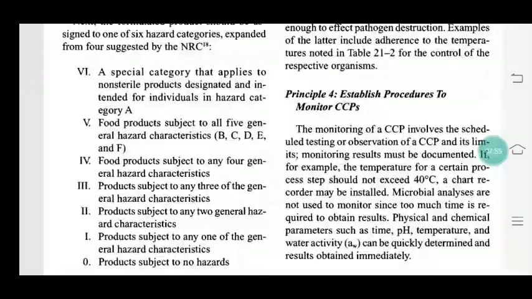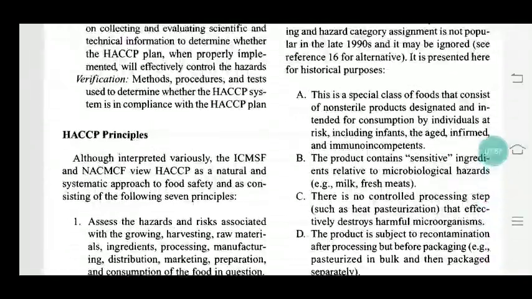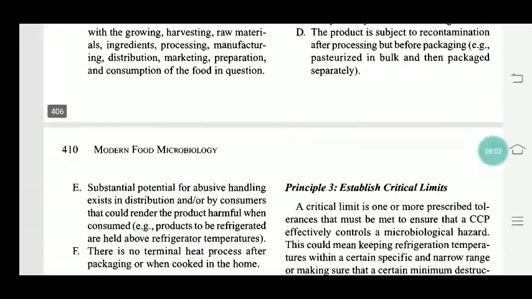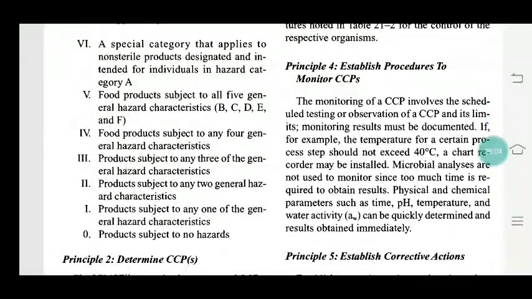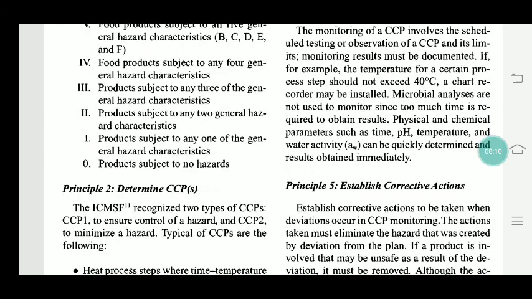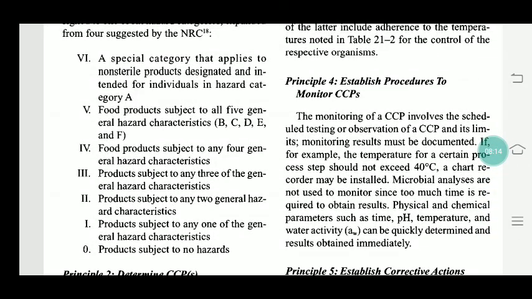So depending on the 6 types of product hazardous condition, we check and see in which category the food has hazards. So we check whether there are 4 types or 5 types, how many types of hazards or contamination are present in our food.